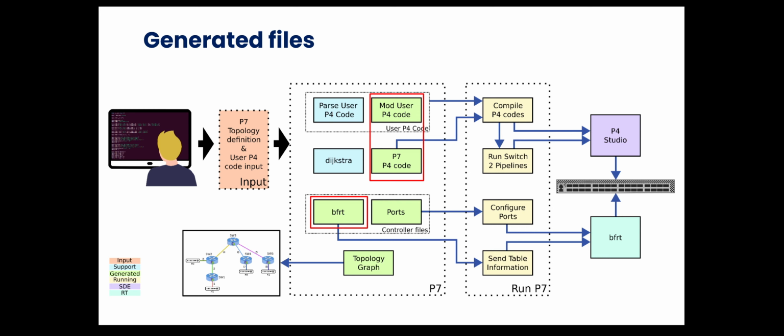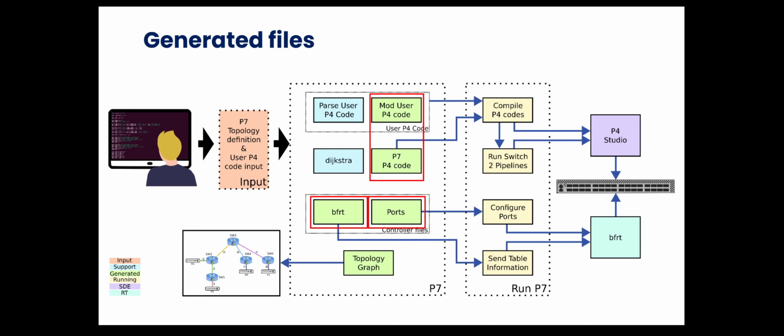One of these files is going to contain all the table information from the user and from P7 to set the correct information inside the tables. In parallel, we also need the port configuration.